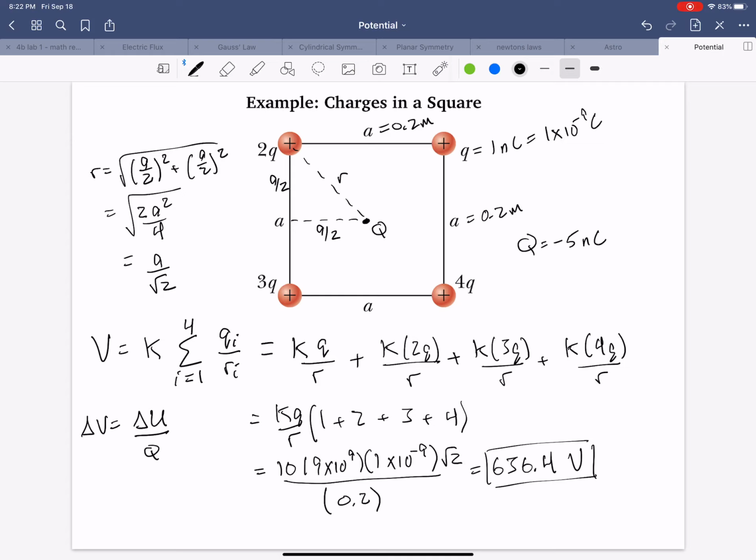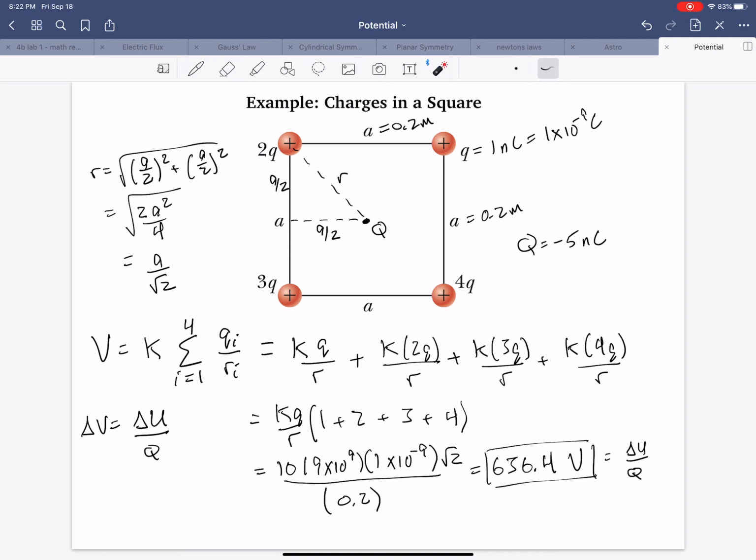That 5 nanocoulomb charge will zip away. So remember, if the voltage is positive, then the charge will be pushed. That's the change in potential energy, so let me write that here, per Q. So this means that the change is positive.